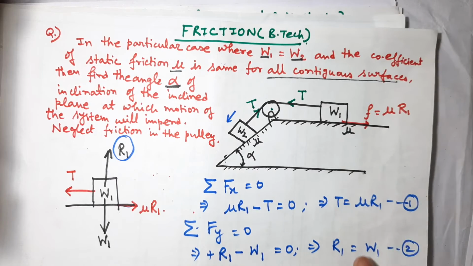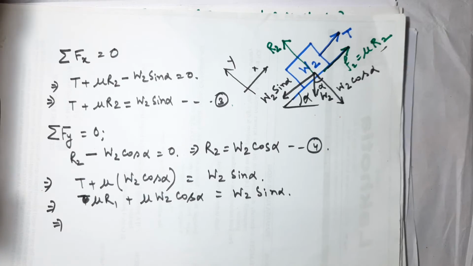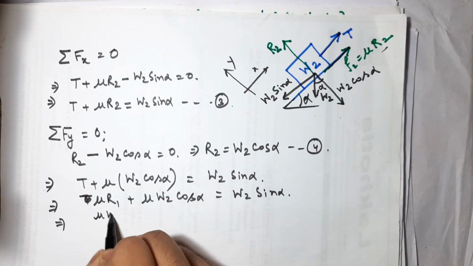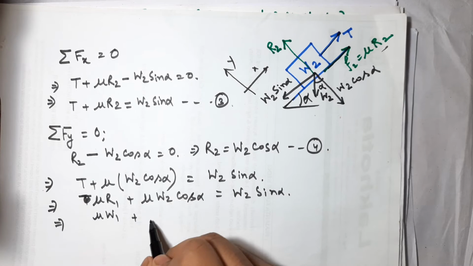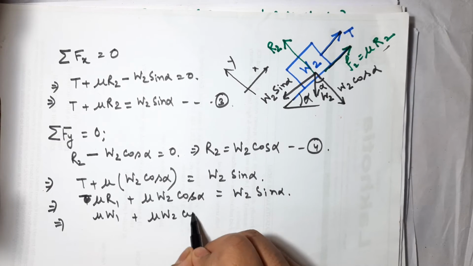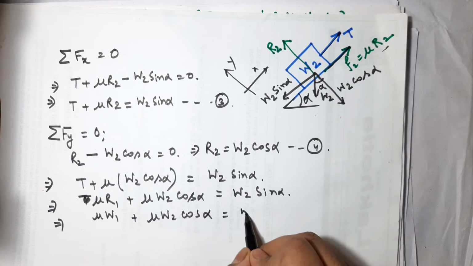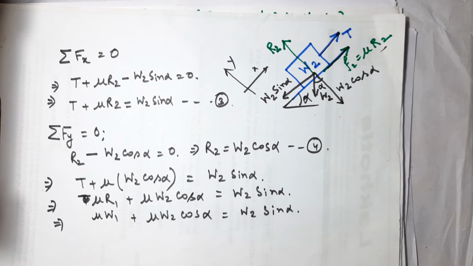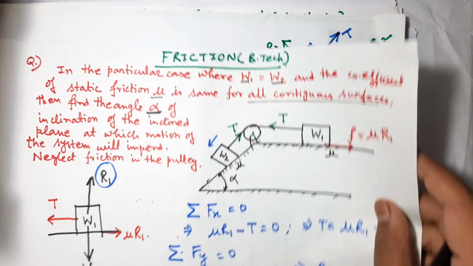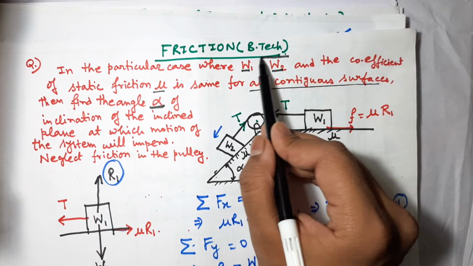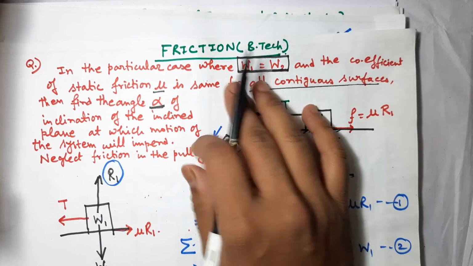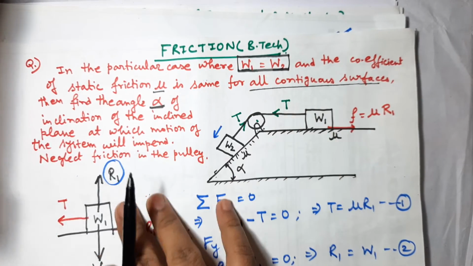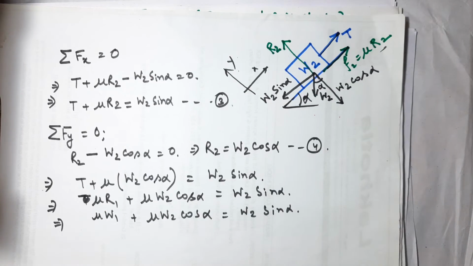And R1 is equal to W1, so mu into W1 plus mu into W2 cos alpha is equal to W2 sin alpha. Now one thing is given: W1 is equal to W2.